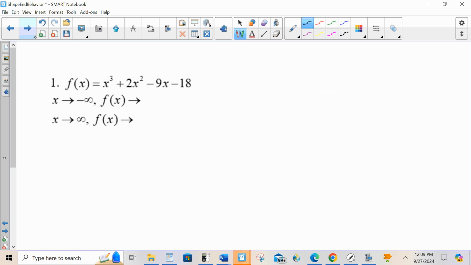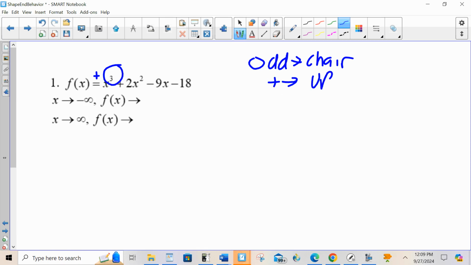So, number 1, it has an odd degree. So since it's odd, it's going to be chair-shaped. And it's got a positive leading coefficient, so it's going to open up. So it's going to look like that.